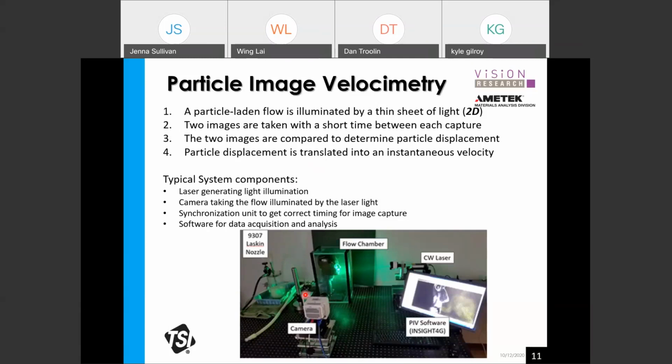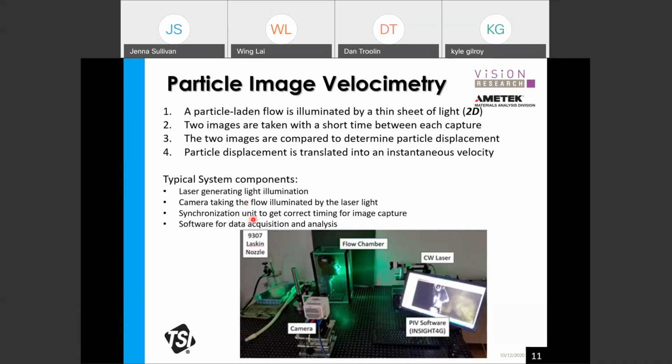And you can see the camera here doing the image captures, taking these two separate images, separated by the time between the two images. And then the image information is fed into computer software to do the analysis to give us the velocity field. Again, the laser is generating the light illumination, and then the camera is taking the two images.